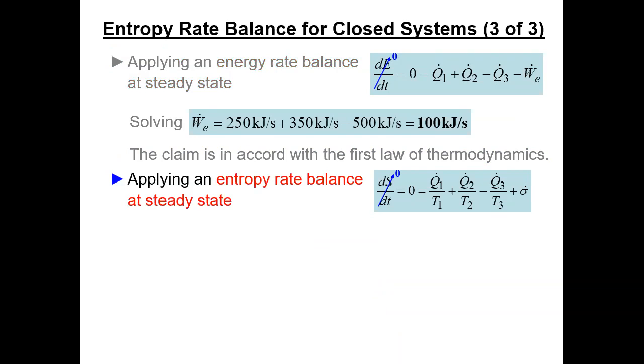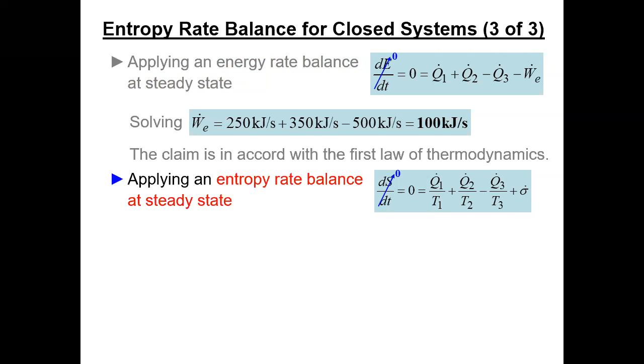Nothing's changing with time, so that's equal to 0. And then this is just doing the integration of the rate of heat coming in divided by the temperature on those 3 different boundaries. So it turns out to be a pretty simple calculation.